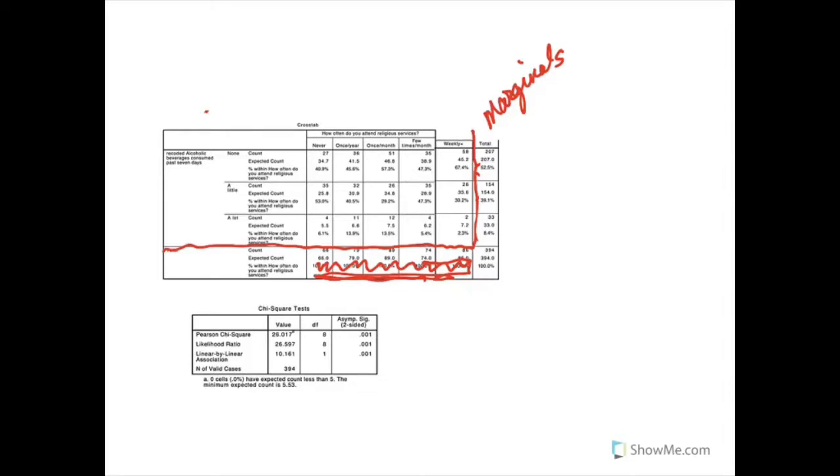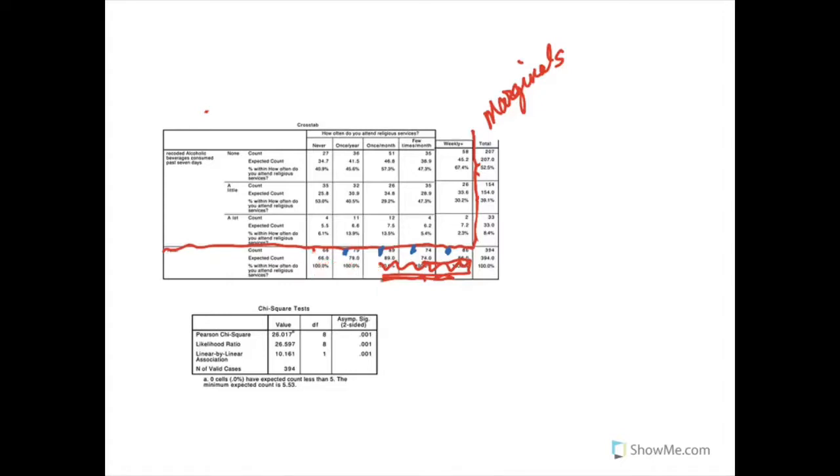It says 66 students said that they go to church never. 79 said they go once per month. 89 said that they go a few times per month, and 86 said that they go weekly. And that is really evenly spread out across all of those categories.